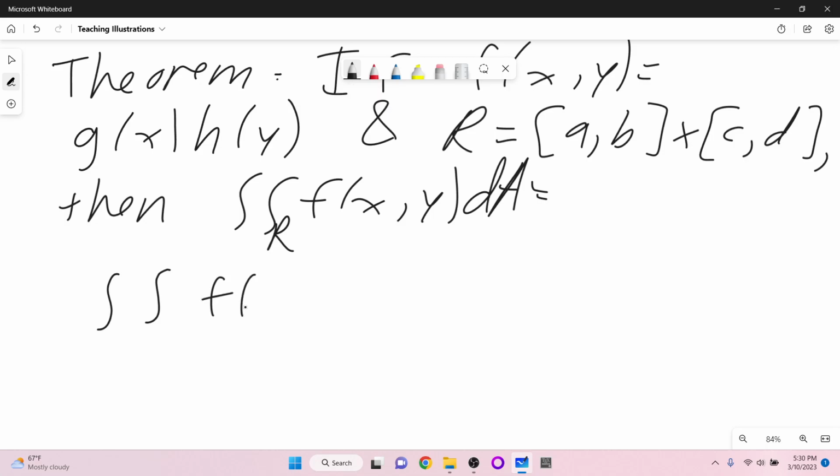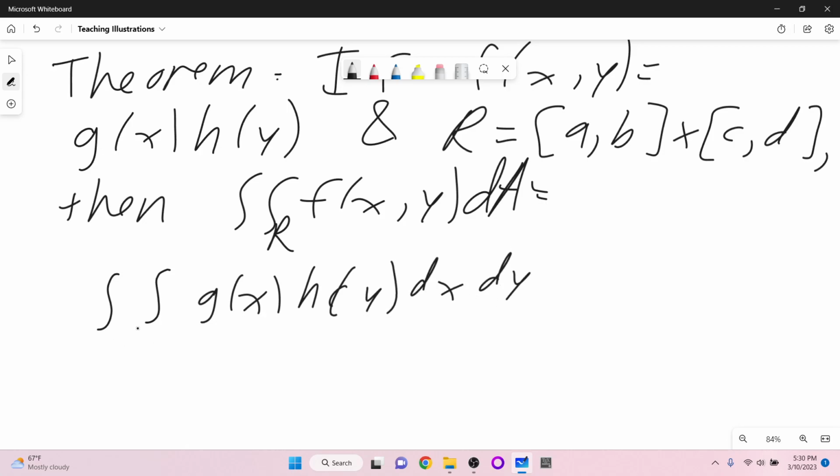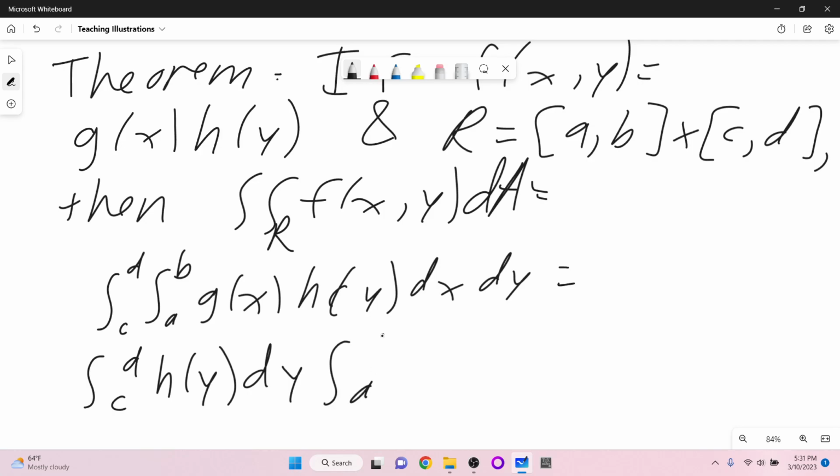If you have g of x, h of y, dx dy, where x goes from a to b, y goes from c to d, the y part can be pulled out of here entirely. So we'll get the integral from c to d of h of y dy and the integral from a to b of g of x dx.